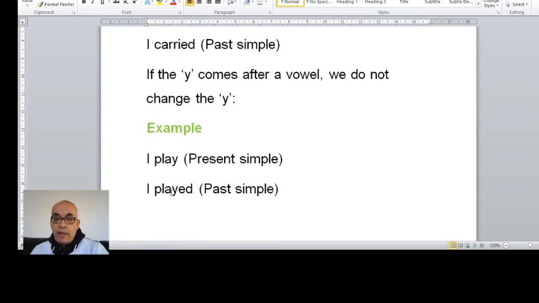But if you see a vowel before y, do not change the y. So I repeat, vowel and then y, no change. Consonant and y, change y.